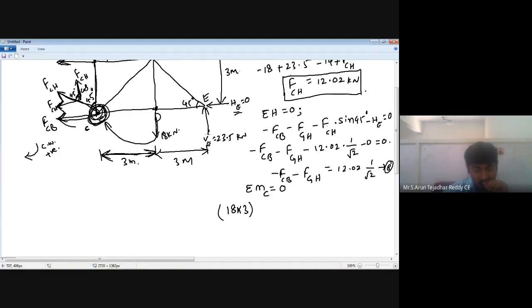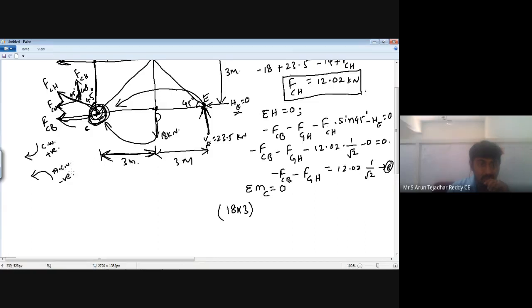Here VE is acting as another vertical force, acting at point E. Moment about C: it is moving in this direction, which means anti-clockwise.